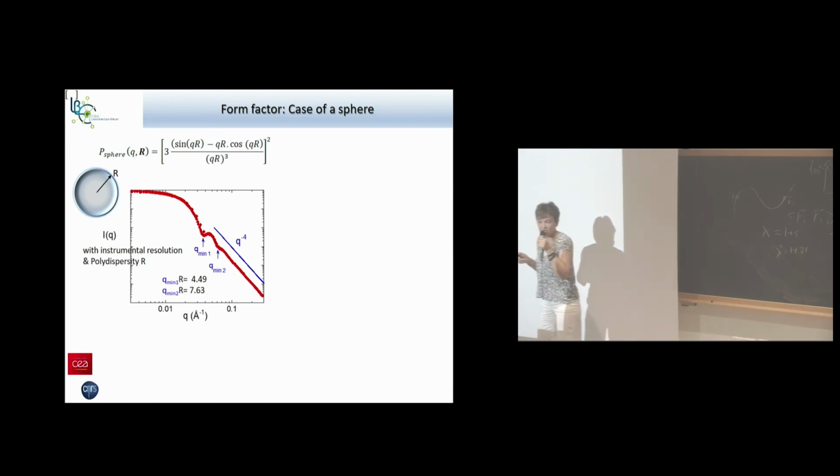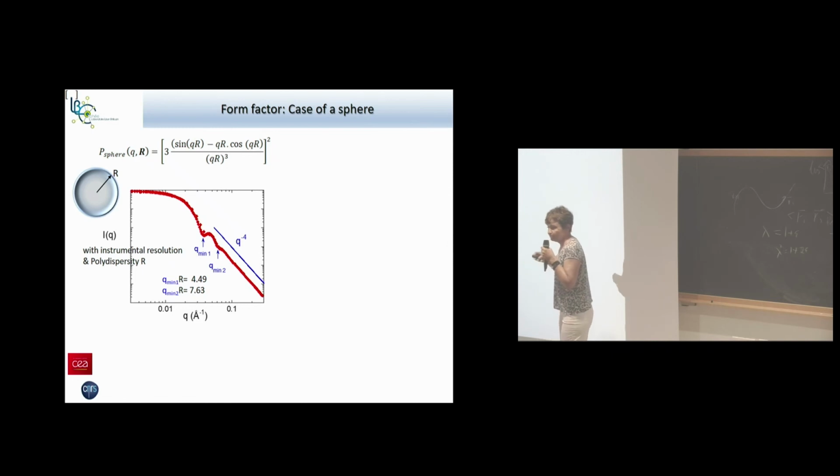In fact, we never observe oscillations like this, for different reasons. The first reason is that the spheres we put in the sample can be polydisperse. So the value of QR at which it goes to 0 varies because there are different radii in the solution. The other reason why we never observe so many oscillations is due to the instrument.